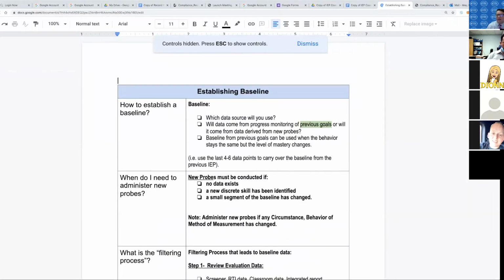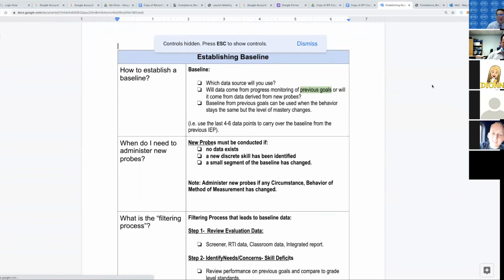So, how to establish baseline? Which data source will you use? Will the data come from progress monitoring of previous goals, or will it come from data derived from new probes? Now, if you're going to use the same goal from the last cycle, and you're going to use that as progress monitoring, that goal needs to stay the same, and maybe just change the percentage that you're going to shoot for.